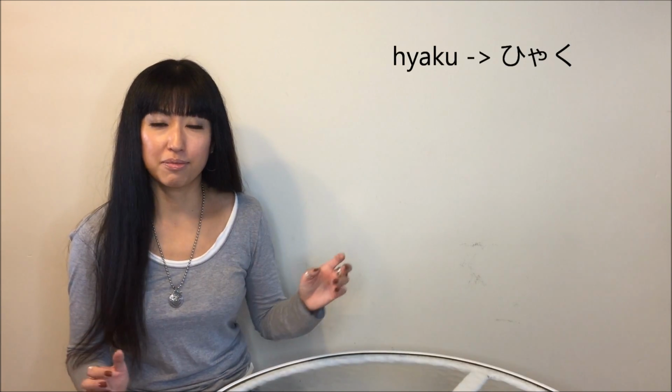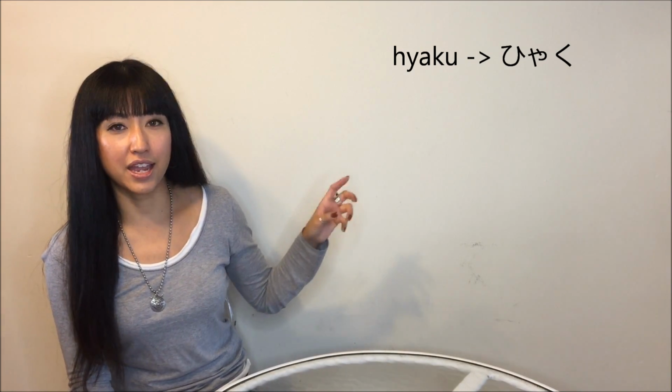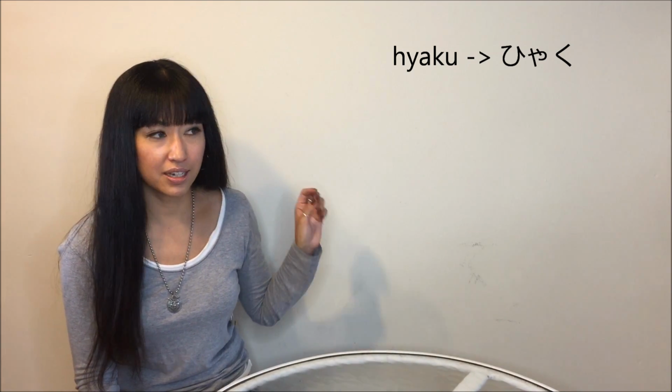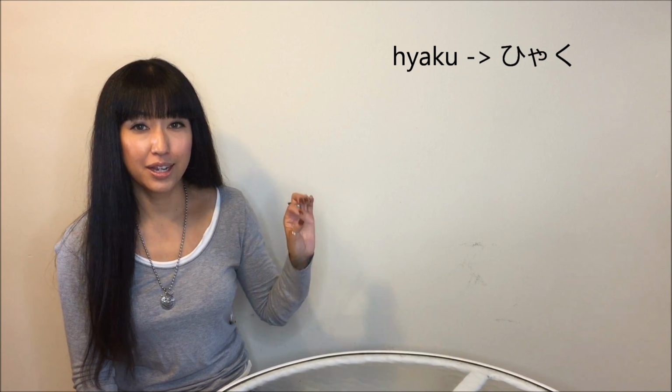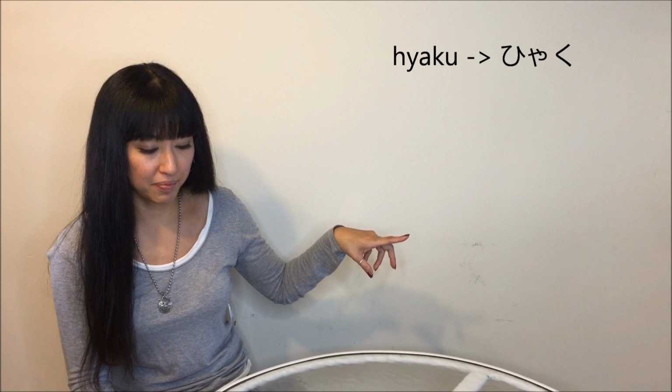For example, we use the word 100. We did that when we counted, right? So 100 is hyaku. We use the hi sound, and in hyaku we have a small ya in it, right?